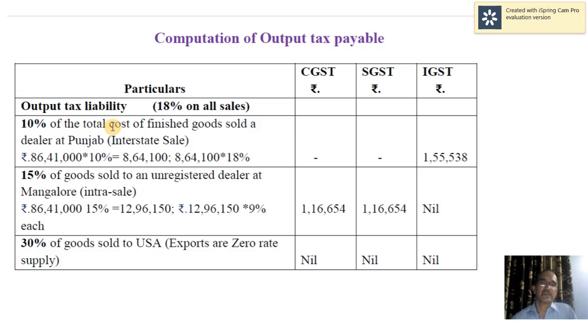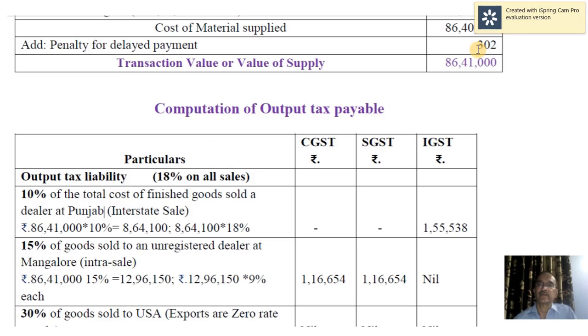So 10% of the total cost of the finished goods sold to a dealer of Punjab. The supplier is in Karnataka and the dealer to whom the goods are supplied is in Punjab. So the transaction is interstate. Therefore IGST is to be calculated. 86,41,000.